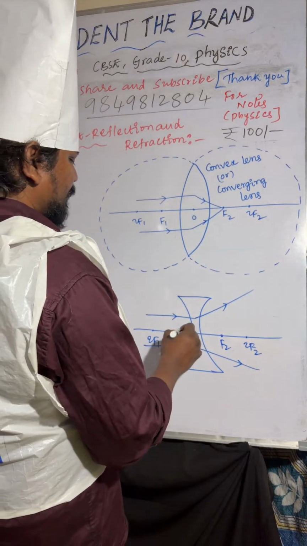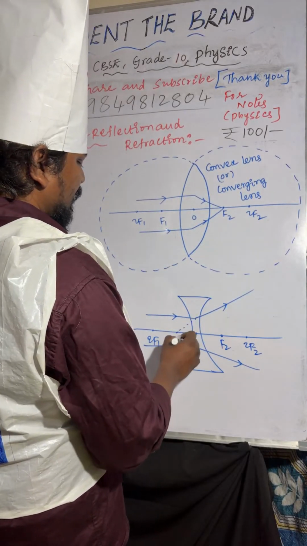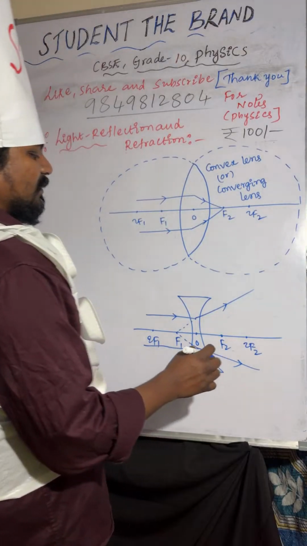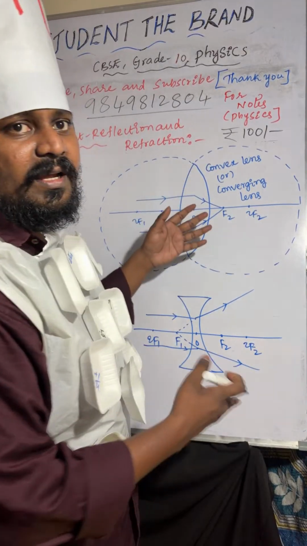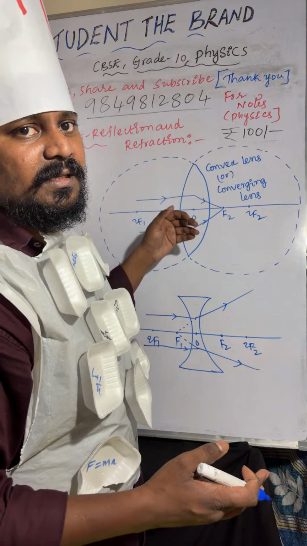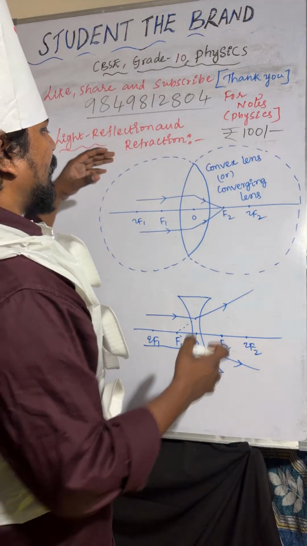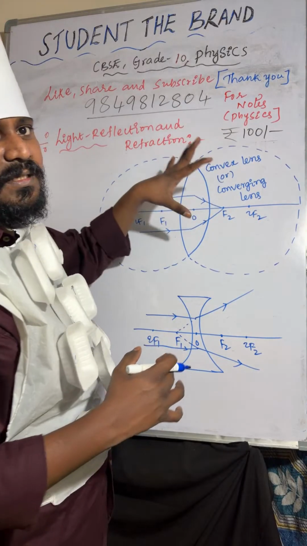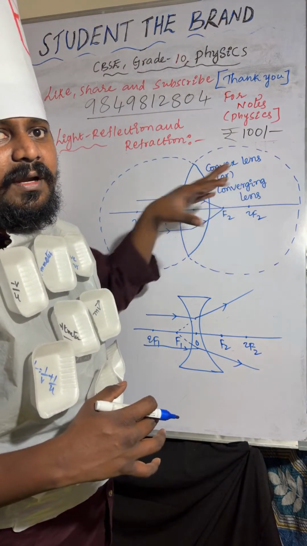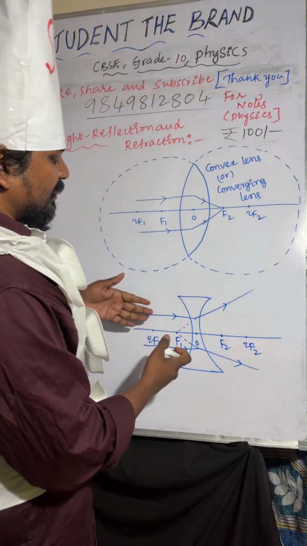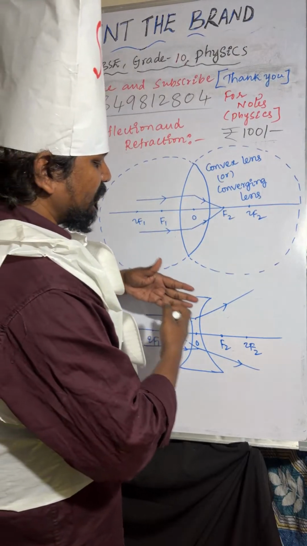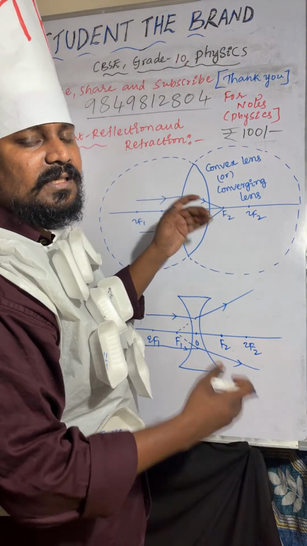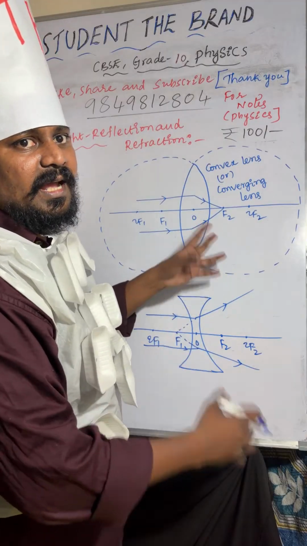Here if you observe, after refraction, light rays are moving towards the principal axis and meeting at one point. In this case, the concave lens diverges the light rays: after refraction, they are moving away from the principal axis. These light rays are diverging.